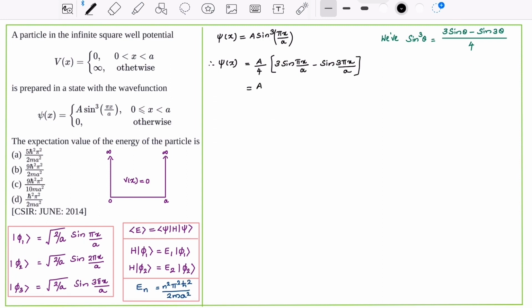Now let us write the given wave function in standard form. For that purpose, let us introduce a term root of a by 2. Now psi of x becomes A by 4 times (3 root a by 2 root 2 by a sine pi x by a minus root a by 2 root 2 by a sine 3 pi x by a).